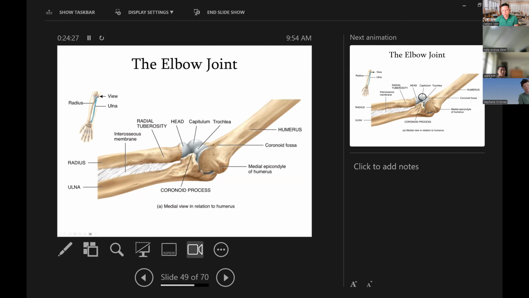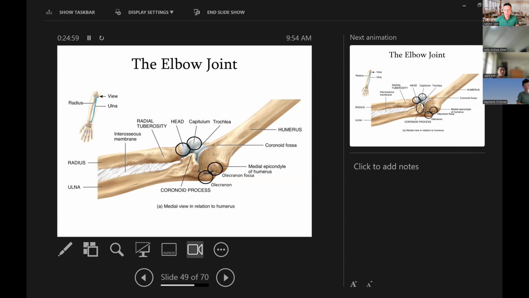So we can see right there the capitulum of the humerus covered in articular cartilage. And we can see that the capitulum is going to articulate with the head of the radius. Then we have the olecranon fossa of the humerus, which is the fossa on the posterior aspect of the humerus. And that is going to articulate with the olecranon of the ulna, which again is the tip of our elbow.